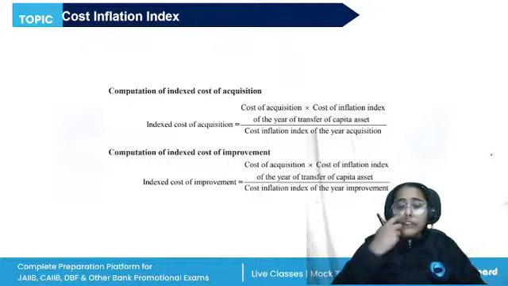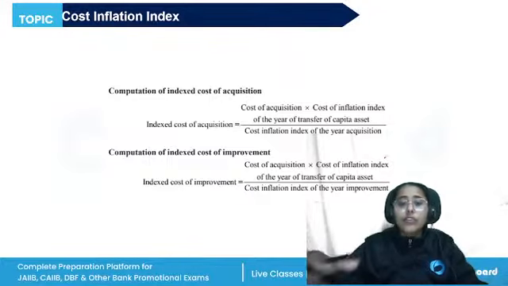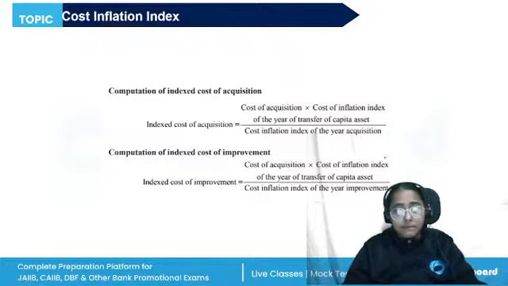So the cost inflation index is given starting from the financial year, and the formula for the computation of the indexed cost is the cost of acquisition multiplied by the cost inflation index of the year of transfer of the capital asset. The cost of acquisition, whatever money you have paid, multiply it by the cost inflation index of the year of the transfer of the capital asset, and divide by the cost inflation index of the year of acquisition, right?